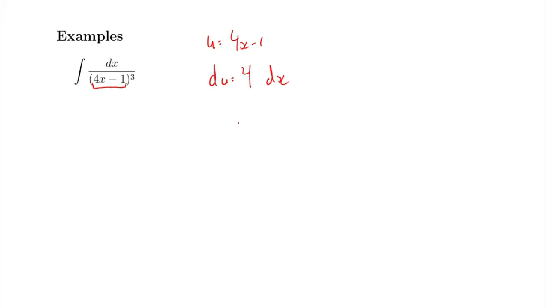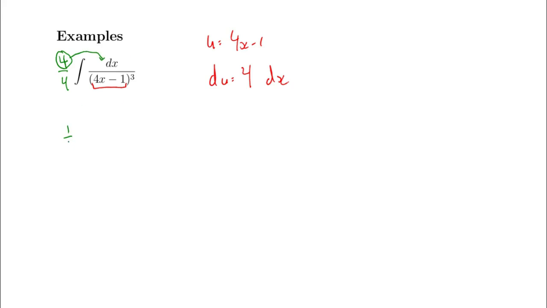Now, we do not have an extra coefficient of 4. So what we can do is to just put it in there. But in doing that, we have to also divide by 4. Remember, what we've really done is we've said, let's multiply by 4 over 4, and then we'll take this and we'll put it in place.